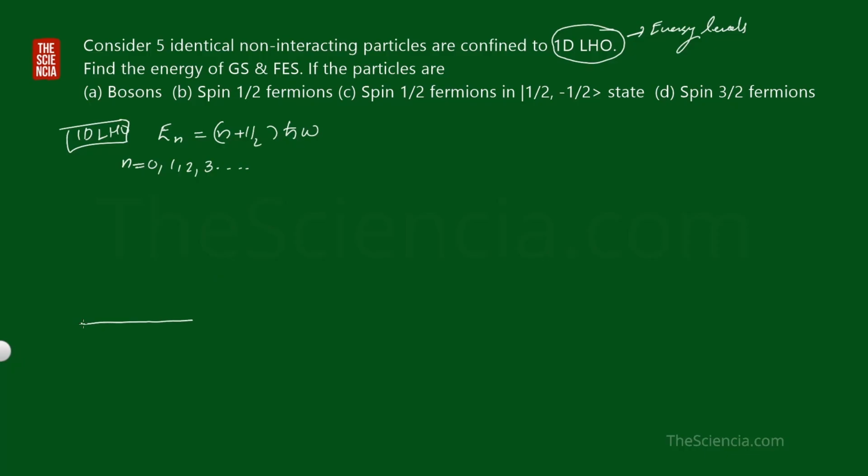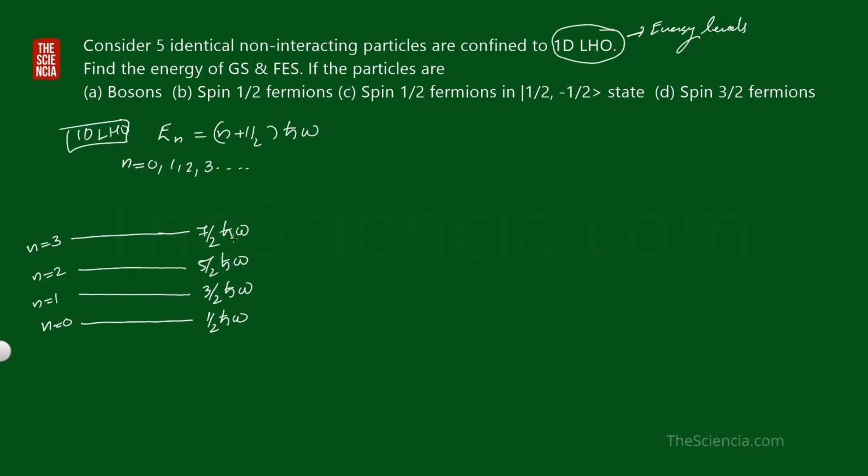So the different energy levels are: if n equal to 0, energy will be half h cross omega, if n equal to 1, the energy will be 3/2 h cross omega, if n equal to 2, energy will be 5/2 h cross omega, and if n equal to 3, energy will be 7/2 h cross omega, and so on.